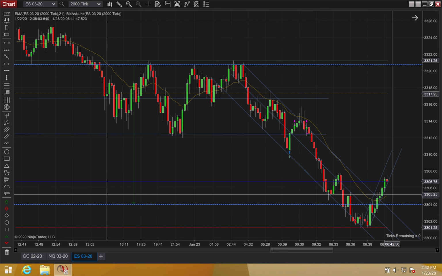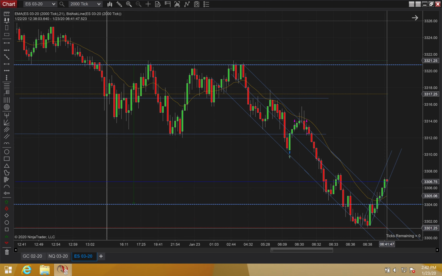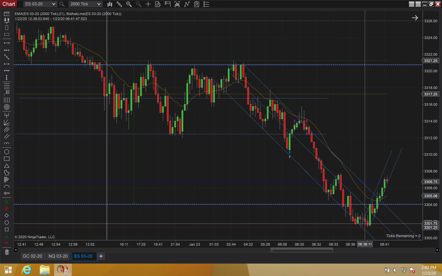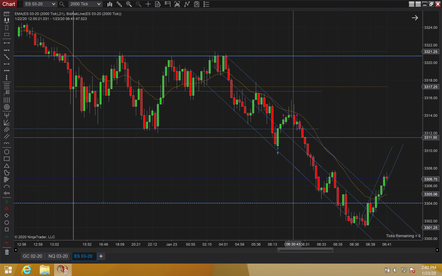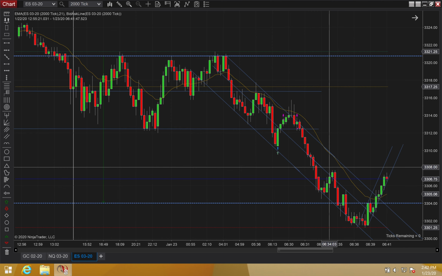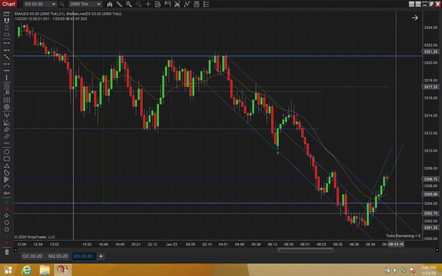So we want to see if we get more support at this line or not. But for the moment, because I don't have enough bounces off this low, I'm just really playing this longer term bear trend.